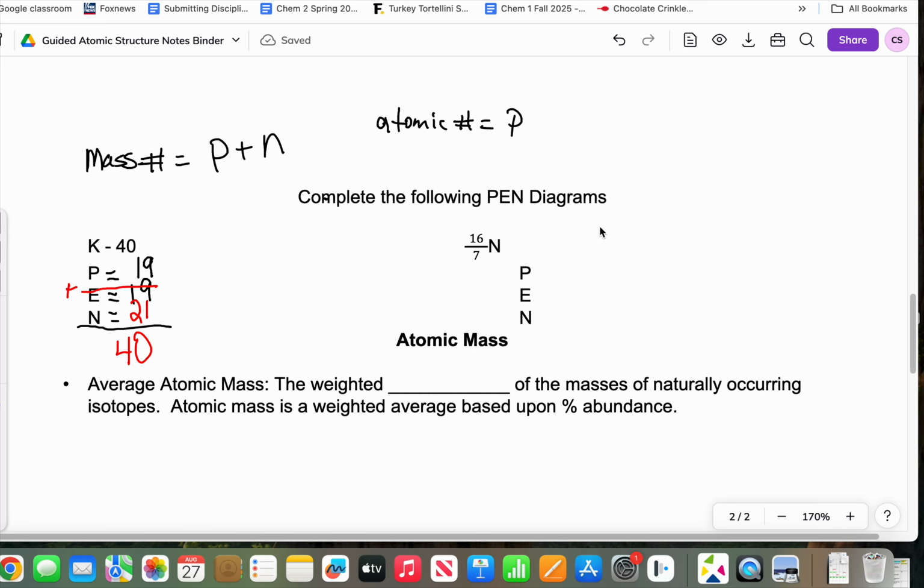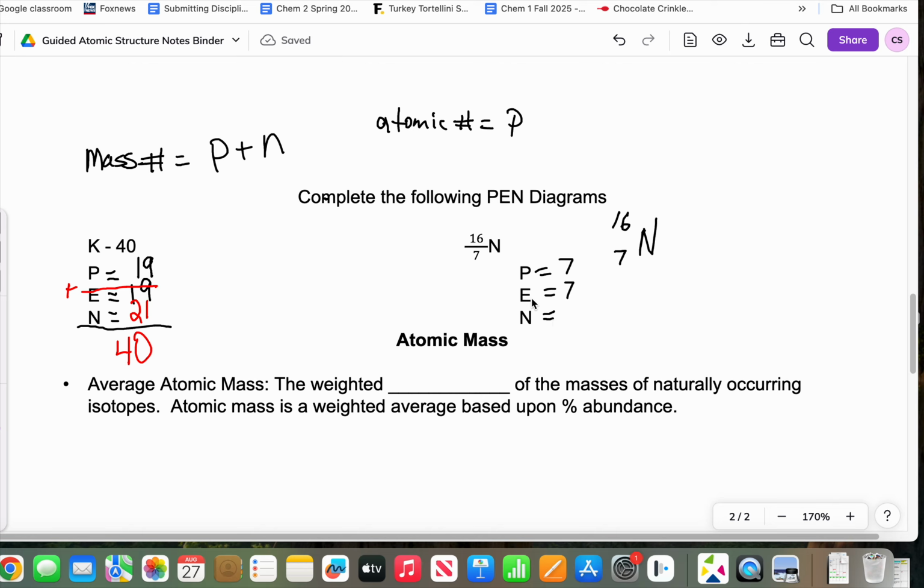Now another way to write these symbols, and I like this way better, because I'll show you in a second. So it would look like this, nitrogen 16. The reason I like it this way is because number one, you don't need a periodic table because right there, that bottom number is the atomic number, and that bottom number always equals protons. It also equals the electrons.